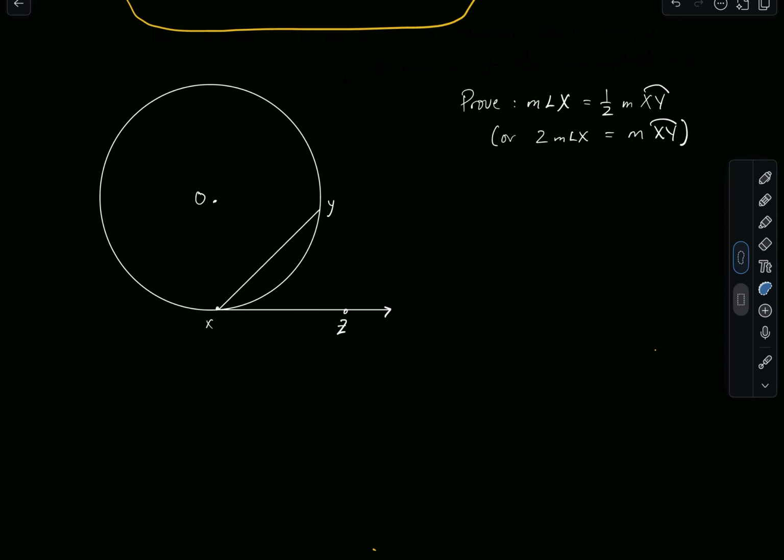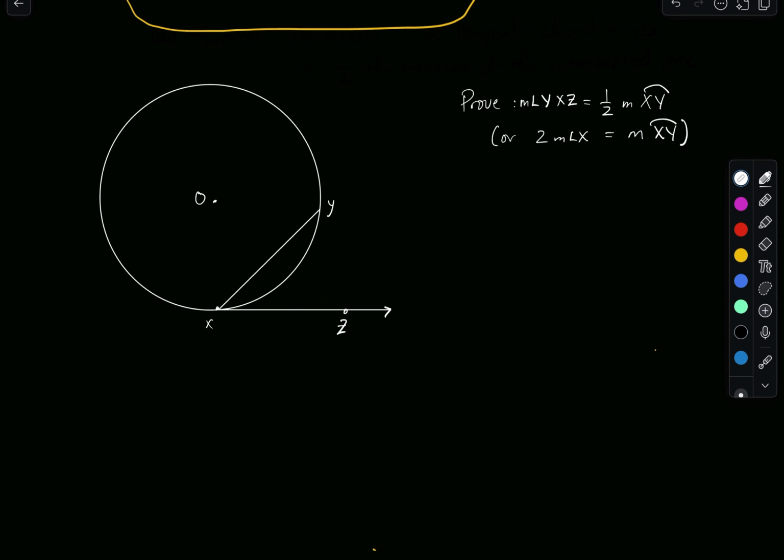And what I want to do first, I'm just going to change what I've written here a little bit because I want to be very clear about which angles I'm working with, and I'm about to make a whole bunch of angles around X. So rather than call it X, I'm going to say that the measure of angle YXZ is equal to 1/2 of that arc XY.